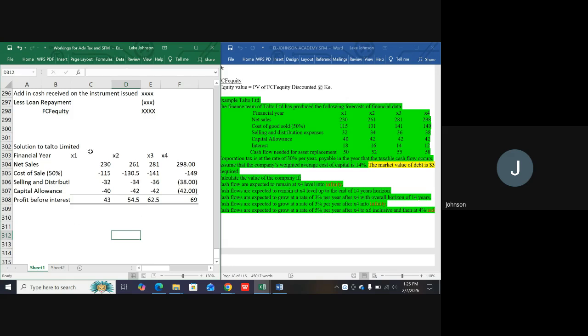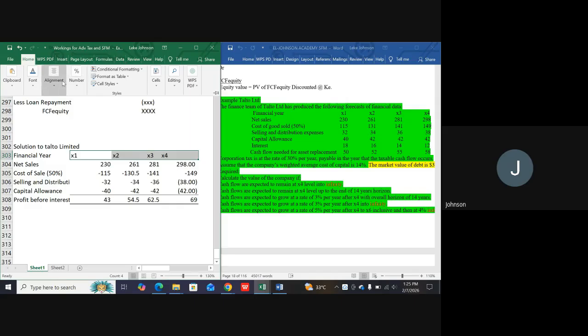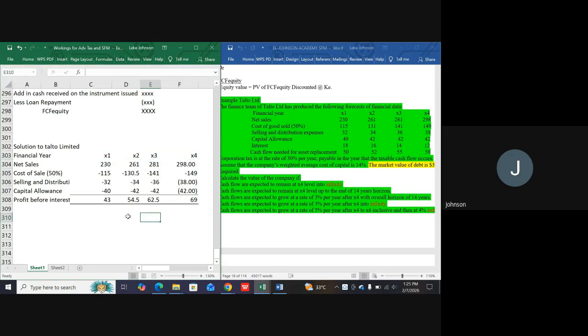Now, because we are trying to work on the value of the total company, we don't need to actually remove our interest.